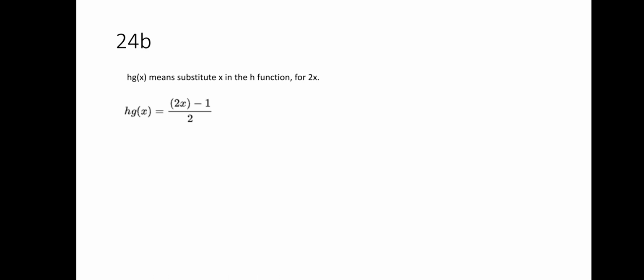So what this basically means, hg of x, is that I'm going to substitute the value of g of x in the h function. Because g of x is 2x, wherever the x term is in the h function, I'm just going to replace that with 2x. So the final answer will just become 2x minus 1 over 2.